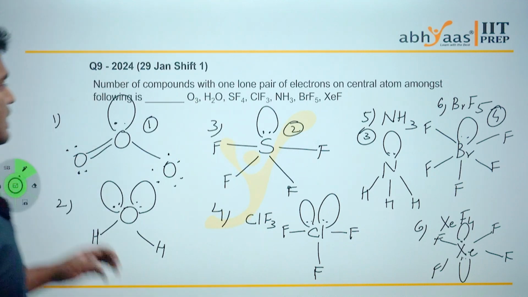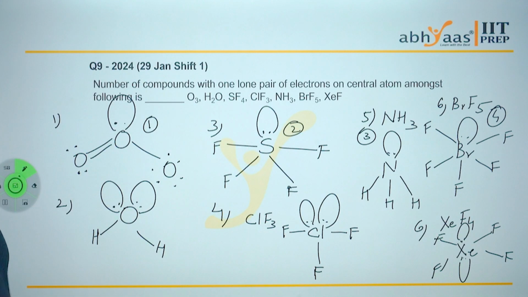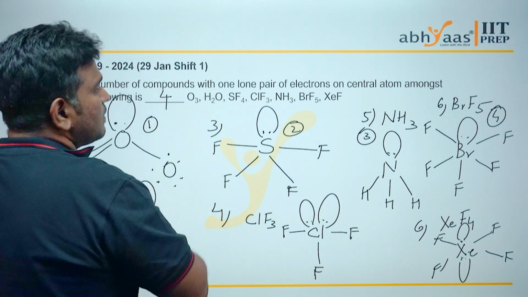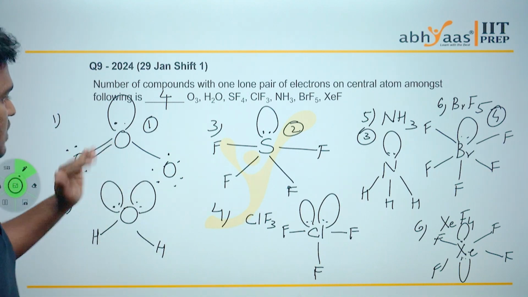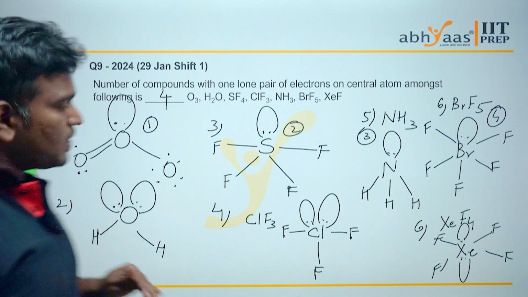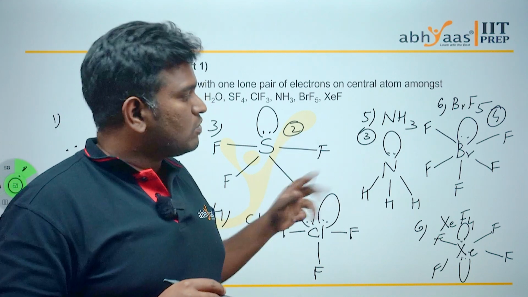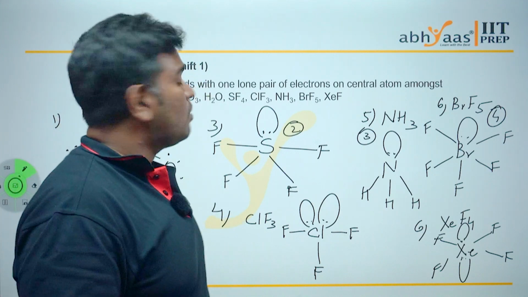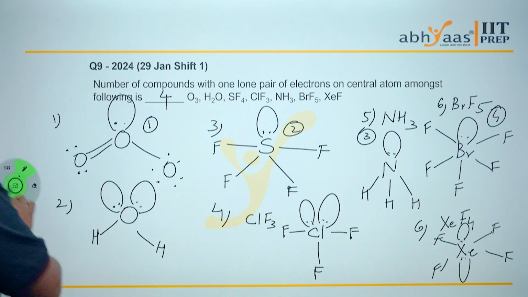So among these 6 we have 4 compounds which have one lone pair on the central atom. So the answer is 4, and we have seen the structures also. Just look at the structures and understand how many lone pairs are on the central atom. This will also be useful for matrix type questions, when they ask for a compound and its shape. Now we will move to the next question.